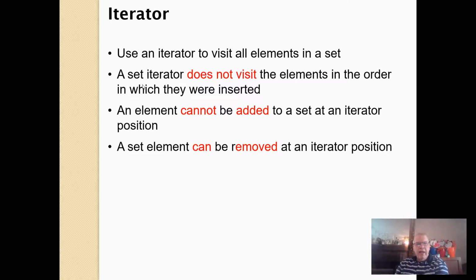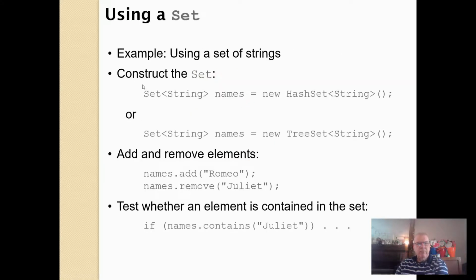You can't add an element at the iterator position, but you can remove an element. Again, it's not recommended. You can also remove from the set object, the set class, by providing the object itself.